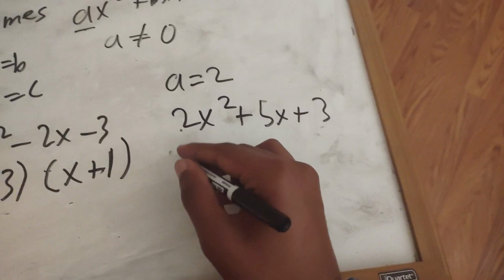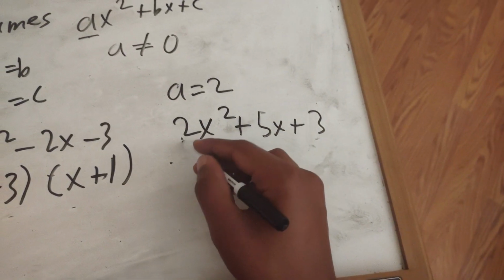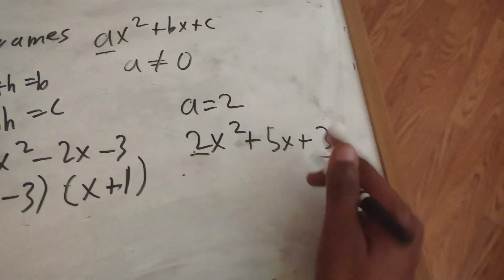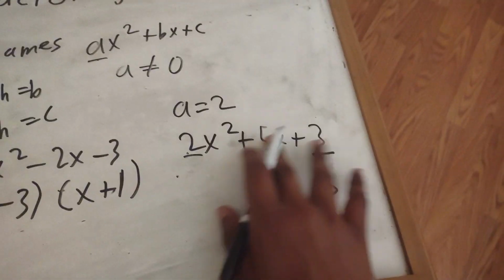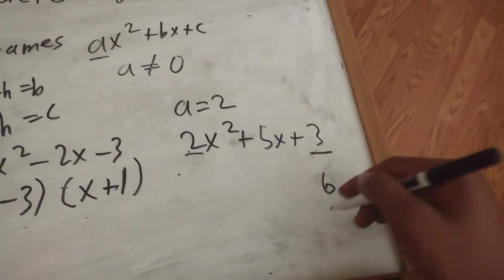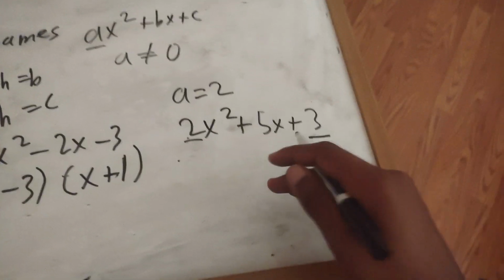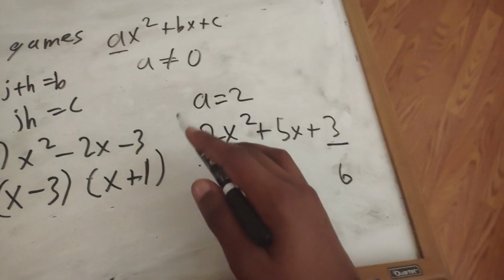To do this, you have to multiply a by c. So a multiplied by c would just be 6, right? Don't change the initial quadratic, just write 6 elsewhere. So imagine 6 is our c value, and 5 is still our b value.